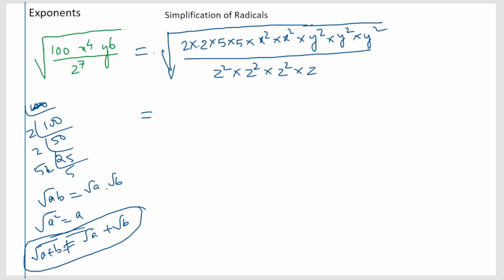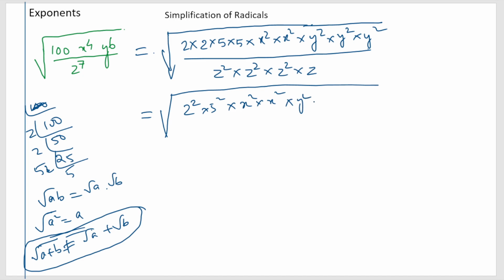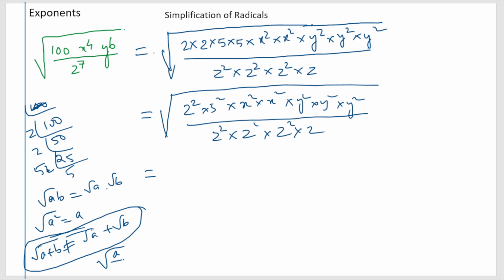So this is 2 square and 5 square, right? We'll add another line. This 2 square into 5 square into x square into x square into y square into y square into y square by z square into z square into z square into z. So all the square terms will come out, and also we have root of a by b is equal to root a by root b.